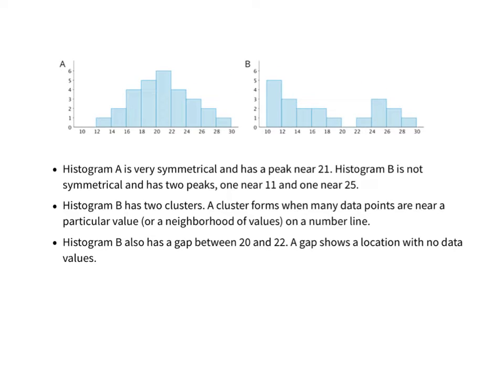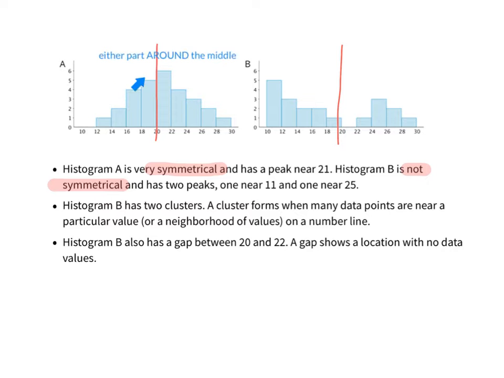So let's focus first on symmetrical. What does symmetrical mean, and what does it mean to be not symmetrical? When we're talking about symmetrical, what we're saying is, if we drew a line down the middle, do things look the same? Do they look like mirror images on each side? For histogram A, yeah, we have a slope going down here and a slope going down here.